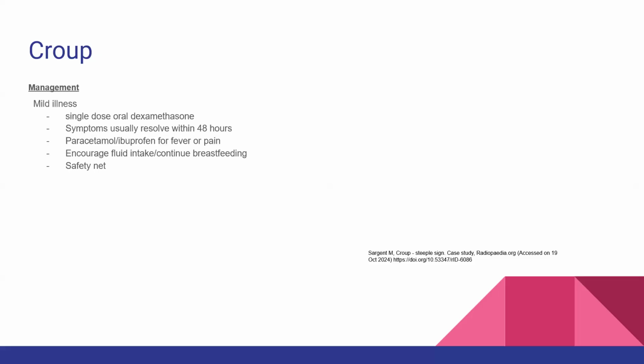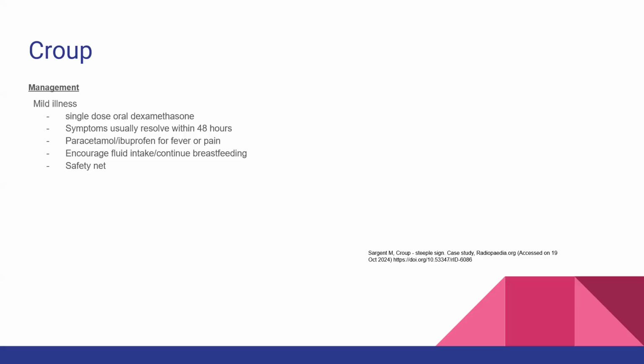So for management, they always get oral dexamethasone, and normally it will resolve quite quickly. And then the same goes for paracetamol or ibuprofen for dealing with fever or pain. And we always worry about children being dehydrated, so always encourage fluid intake or getting them to continue breastfeeding or formula feeding.